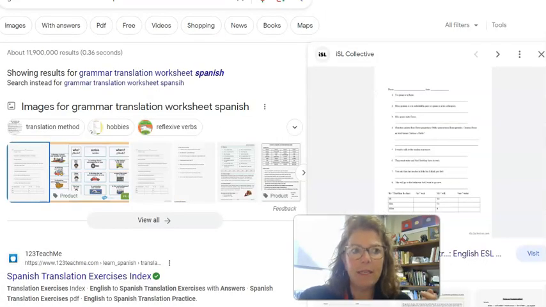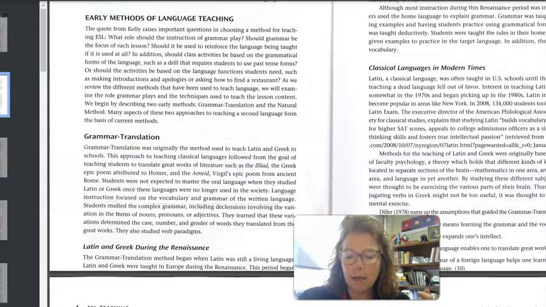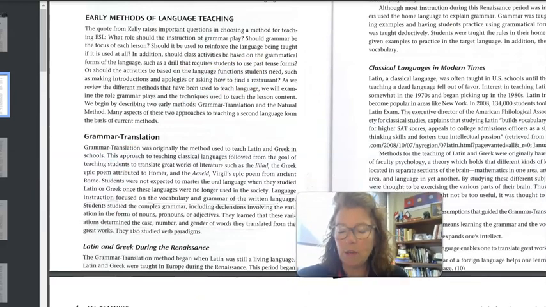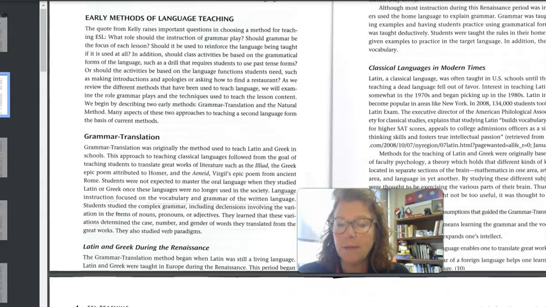It's an area that we know is not very effective anymore, especially with younger students, because you already know from your linguistics course that we really want to immerse learners into the language as much as possible, even the older students.